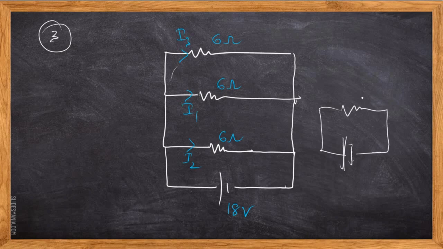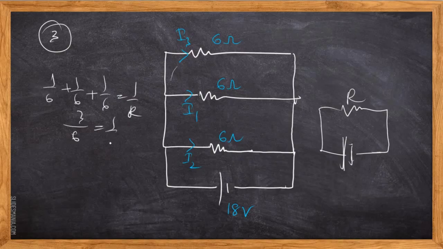I can simplify the circuit into some R value. So 1 over 6 plus 1 over 6 plus 1 over 6 equals 1 over R. So 3 over 6, 1 over R, you take the reciprocal, that becomes 2 ohms. So here 2 ohms, and here we have 18 volt. 18 divided by 2, that's 9 amperes.